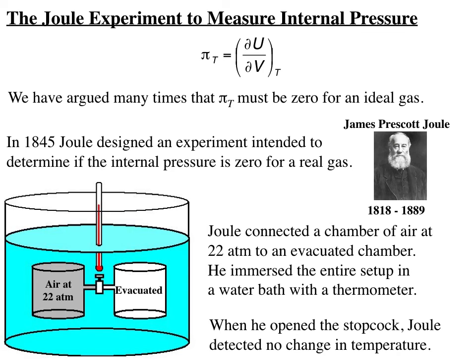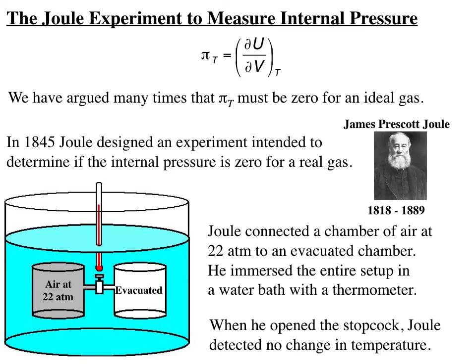Internal pressure, we gave the symbol pi_T, and I defined it as the change in internal energy with respect to volume in an isothermal process. So if you remember what we claimed was for a real gas, dU is equal to C_V dT plus pi_T dV.